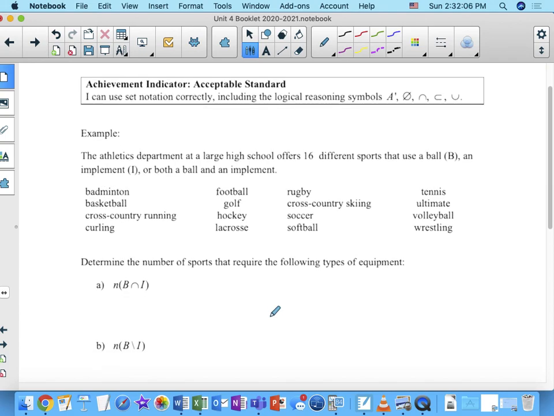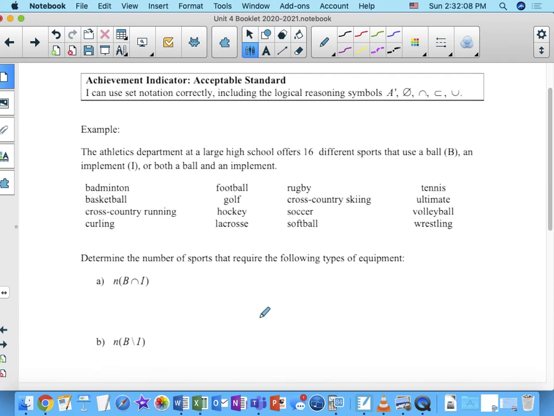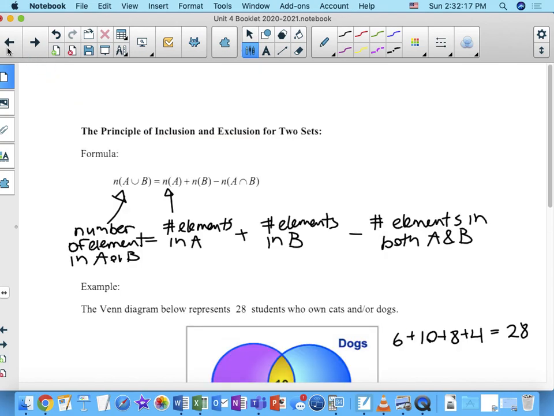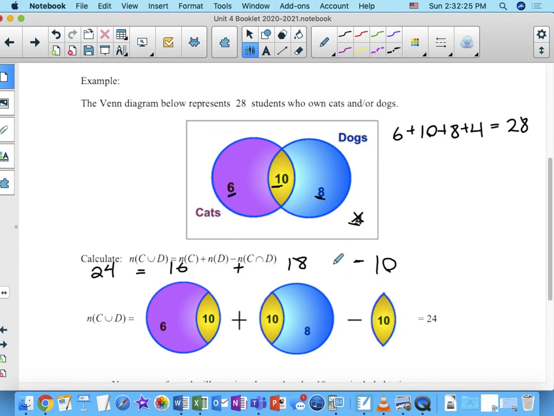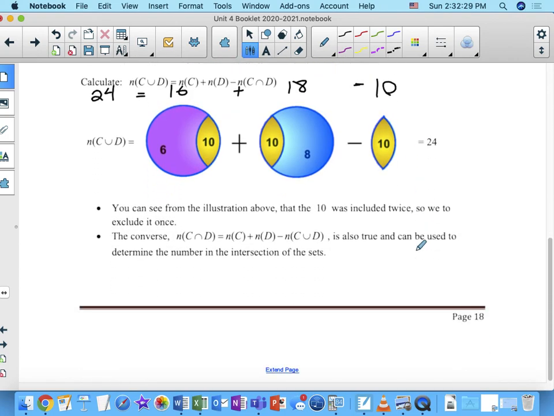Or you might be missing parts of the Venn diagram that you need to know, and so the formula might come in handy. But the idea really, actually I should flip back to it for a sec, is that this piece, the elements in both, cannot be counted twice. Okay, you have to subtract them once so that they don't get over counted. All right.